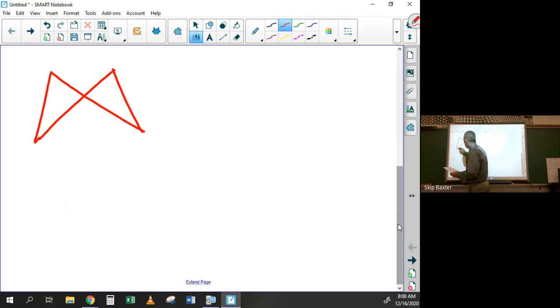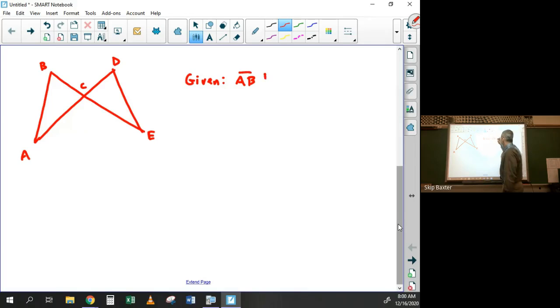And suppose we label these A, B, C, D, E. Suppose we're given that AB is perpendicular to BE, and DE is perpendicular to BD, and we're also given BC is congruent to DC.